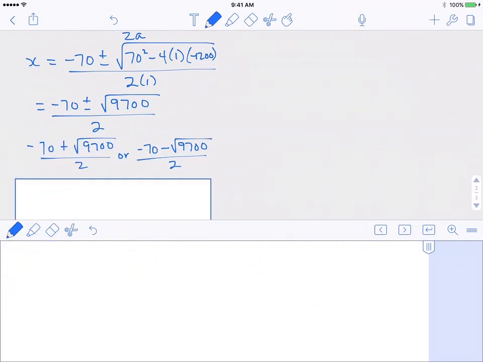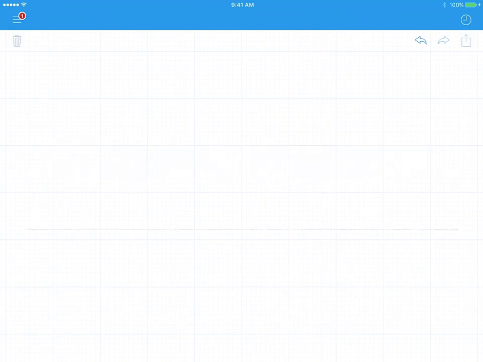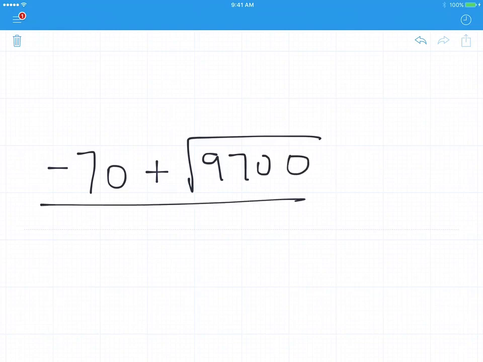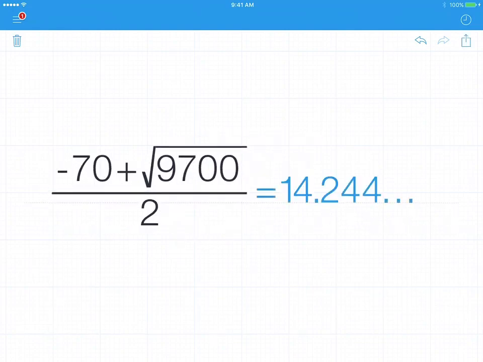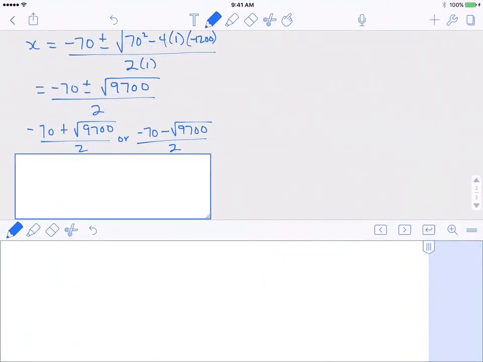One of those two. So what does that equal? Let's use our handy dandy calculator here. Negative 70 plus the square root of 9,700 all over 2, and we get 14.244.